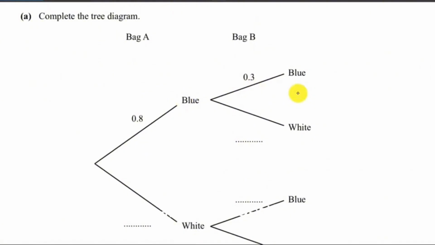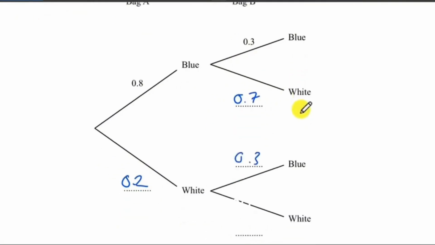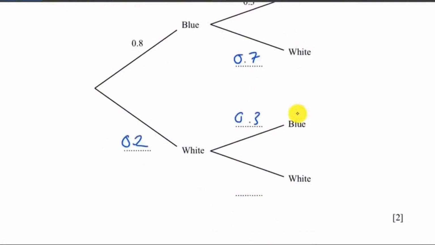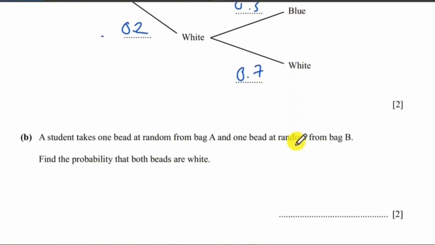So if the probability of getting blue is 0.8 and the total probability is equal to 1, therefore 1 minus 0.8 gives you 0.2. And if the probability of getting blue from bag B is 0.3, then the probability of getting white would be 0.7. Here again it is the same, 0.3 for getting blue and 0.7 for getting white.